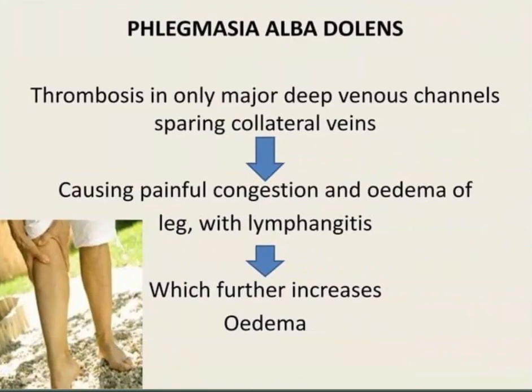So this thrombosis happens in one vein, but it does not spread to other veins. So it spares the collateral veins. Okay, it causes congestion and edema and lymphangitis, and it further causes edema. Okay, so it's just congestion in one particular vein.